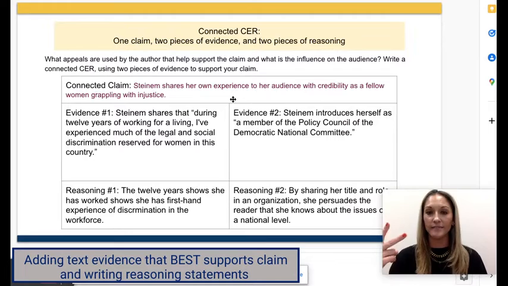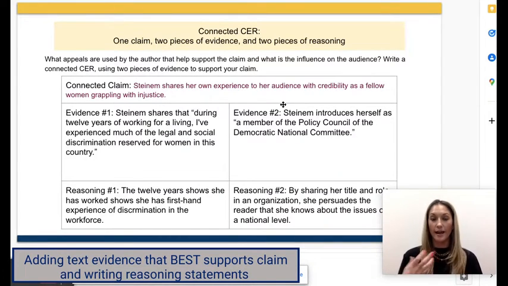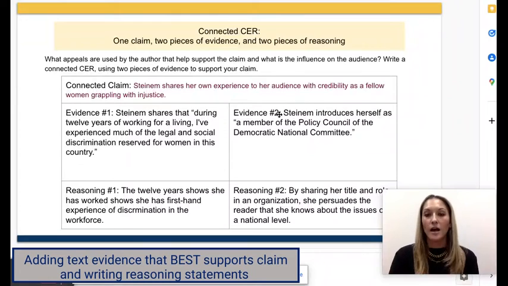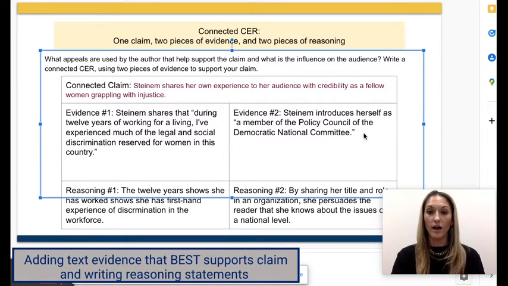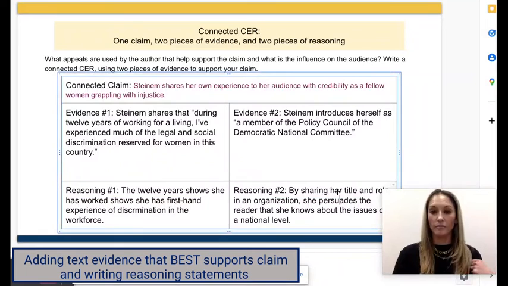My second piece of text evidence, remember I'm talking about the appeals that the author has and their effect on the audience: Steinem introduces herself as a member of the Policy Council of the Democratic National Committee. So this is another appeal she's doing, and here's my reasoning.